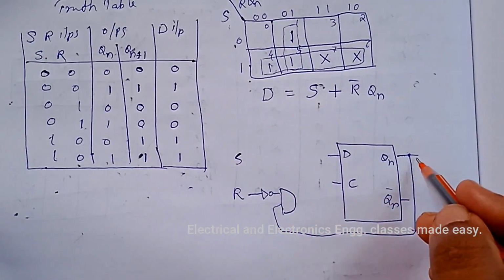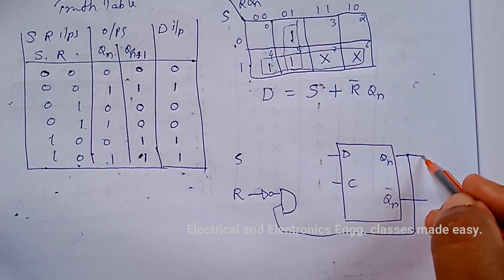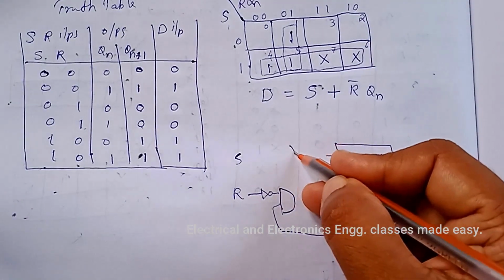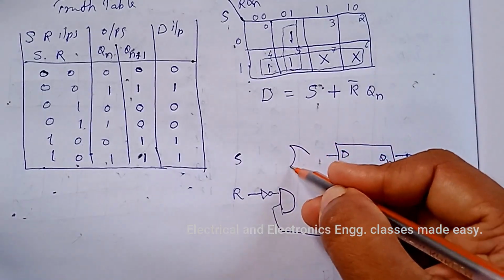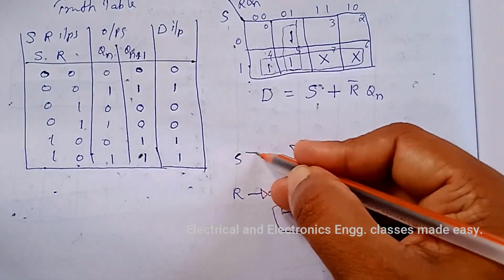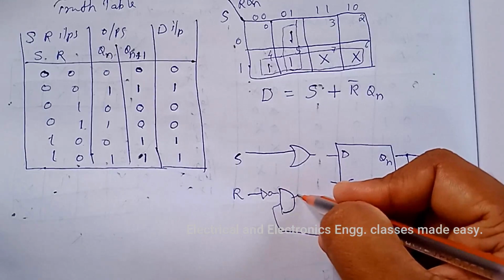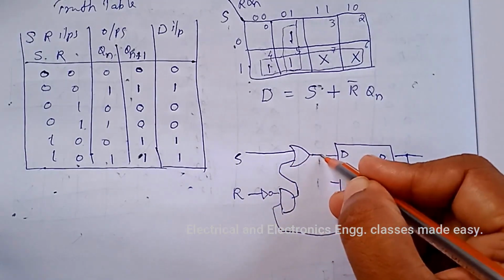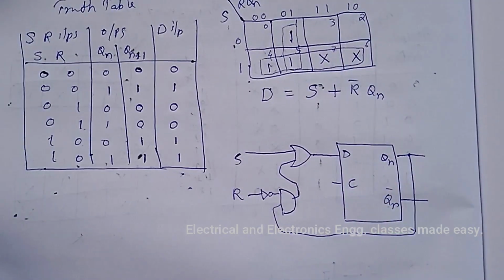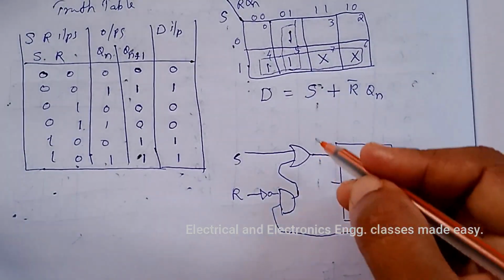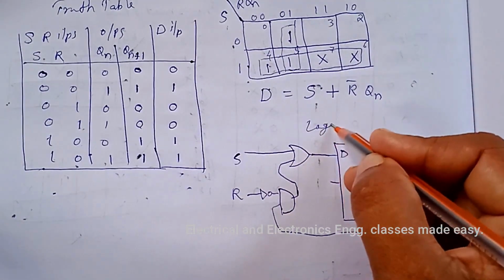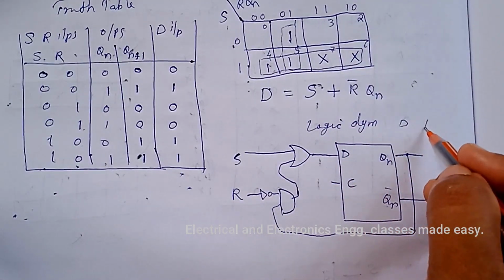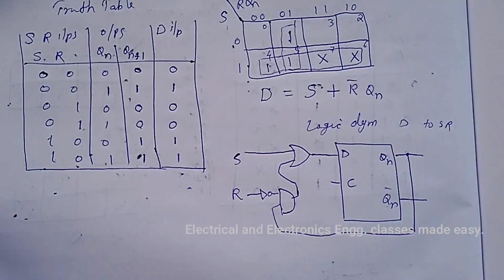R bar into Qn plus S. So here OR gate. S plus R bar Qn is given to the D input. So this is the logic diagram for the conversion of D flip-flop to SR flip-flop.